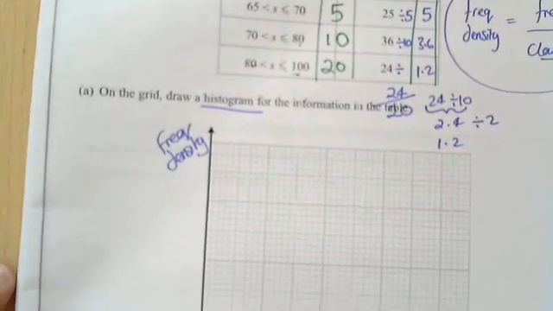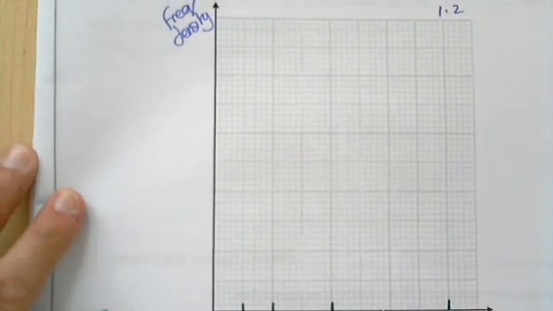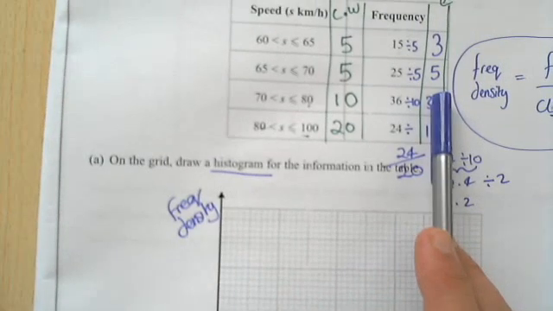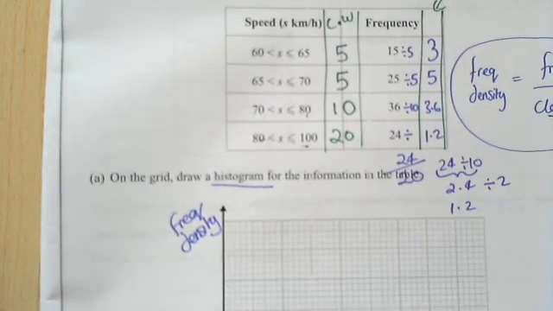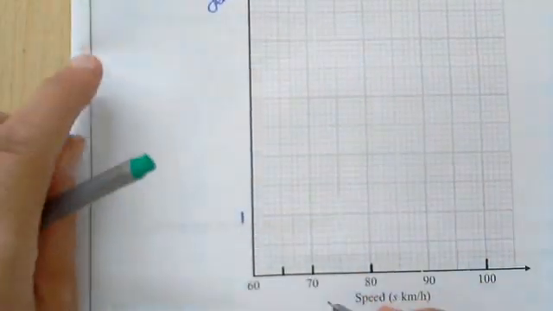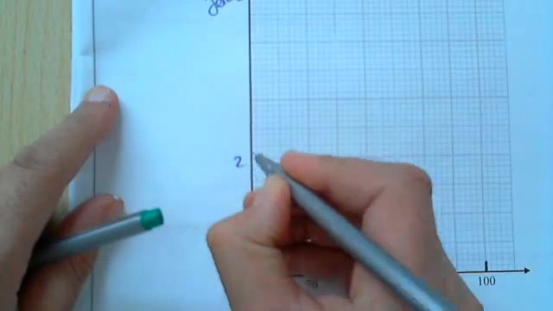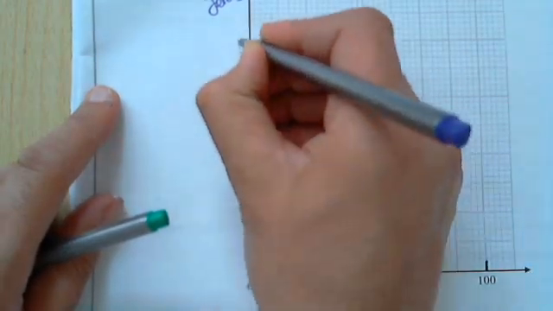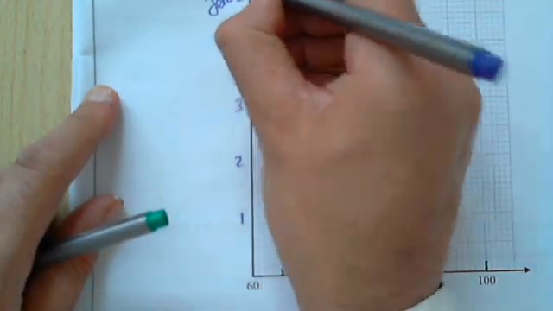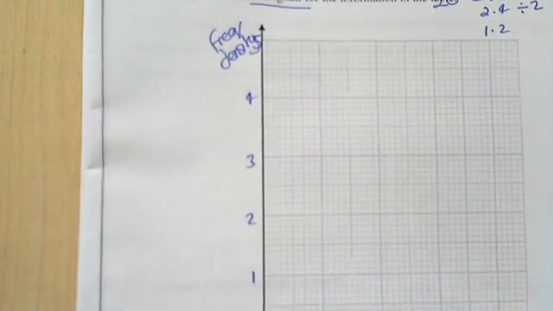Okay, sorry for that interlude there. So for our frequency density, we need to go up to a maximum of 5. So we're going to calibrate our scale now: 1, 2, 3, 4, and 5.